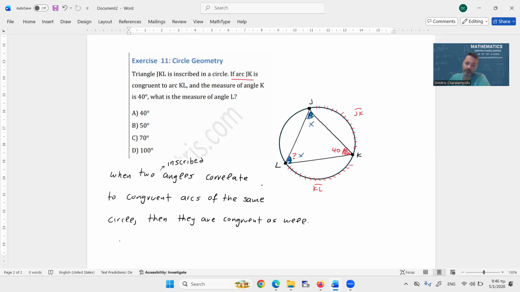So x plus 40 should be equal to 180, which means that 2x should be equal to 140, which obviously means that x is 70. So this means that both angles L and J measure 70 degrees, and this makes C the right choice for this exercise.